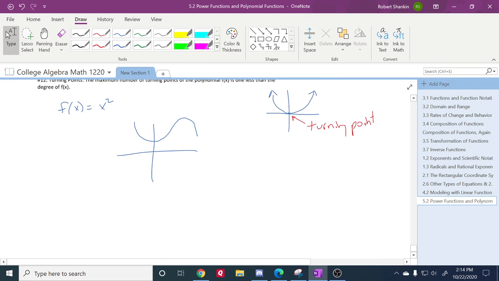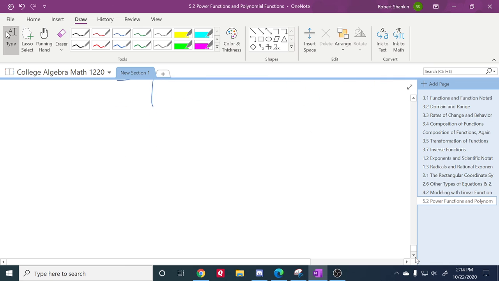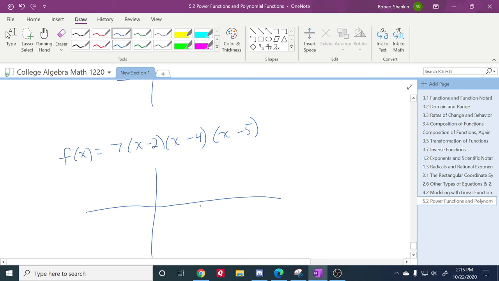And let me say f of x equals 7 times x minus 2, x minus 4, x minus 5. Let's just look at this real quick. This has x-intercepts at 2, 4, and 5, because these all cause the y to become 0.